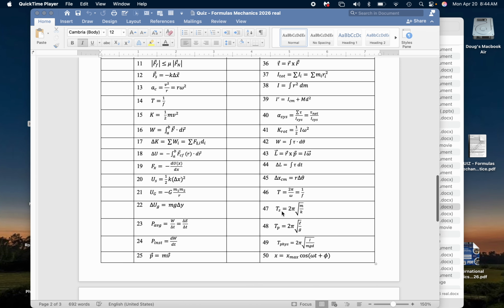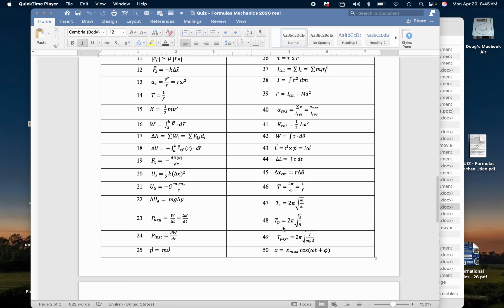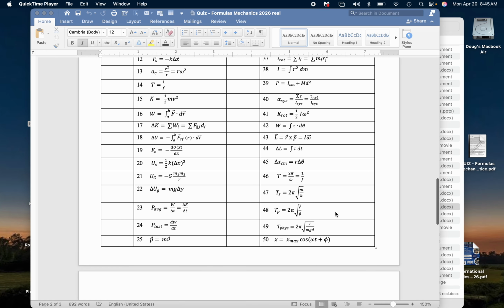47, time period for oscillation of a spring. 2 pi radical mass over spring constant. 48, time period of oscillation of a simple pendulum. 2 pi times the radical length of the pendulum over little g. 49, period of time for oscillation of a physical pendulum.